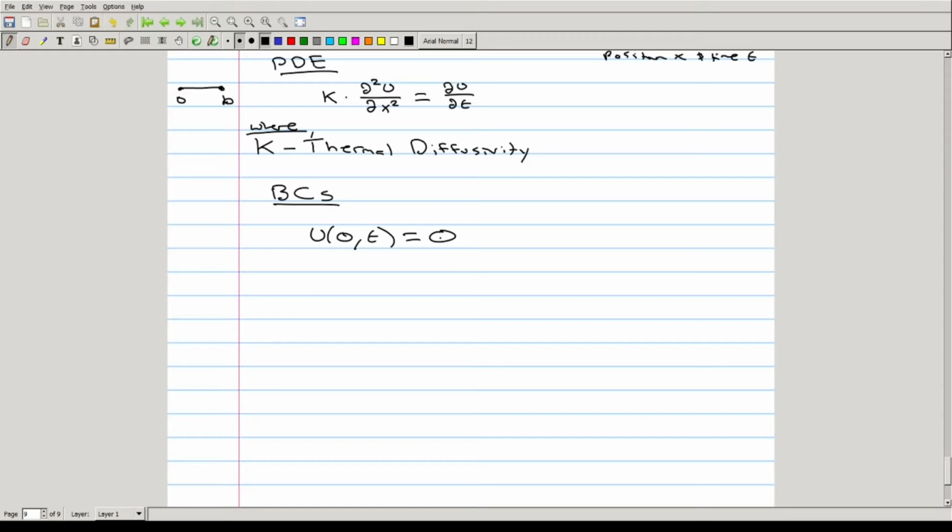And there are many different types of boundary conditions that we could put on this problem, but the easiest boundary conditions are having a 0 boundary condition on the left-hand side of the bar, so 0 temperature on the left-hand side of the bar, and the temperature of 0 at b as well for all times t.